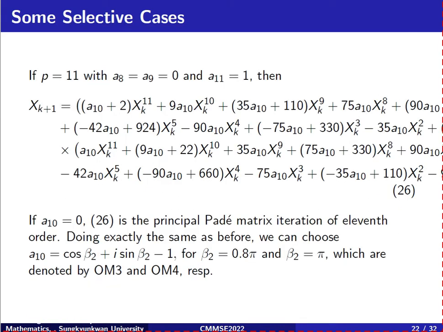If p equal 11 with this condition and whose leading coefficient is 1, then we have this method. If we do exactly the same as the previous case, we can show that beta 1 equal 0.28 and beta 2 equal pi give the best result. I'm going to call them OM3 and OM4. So we have chosen four special cases of our method.